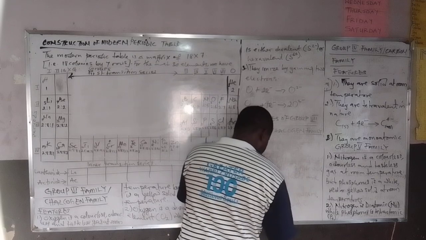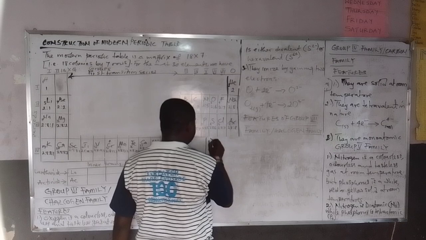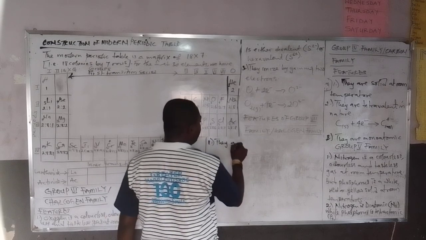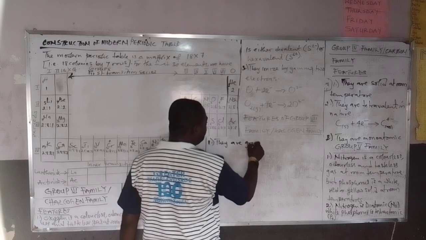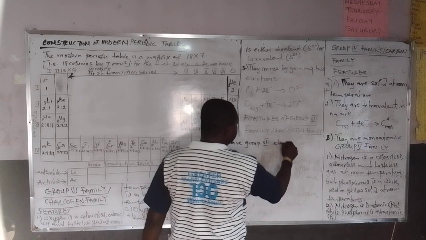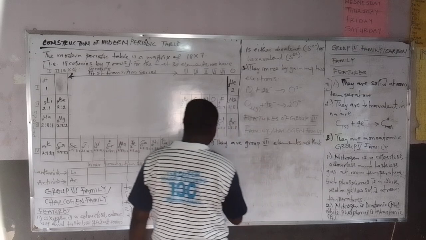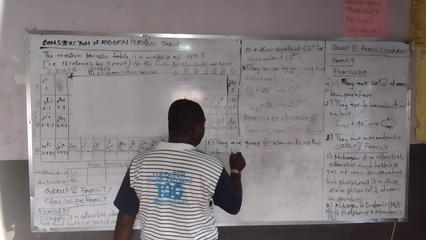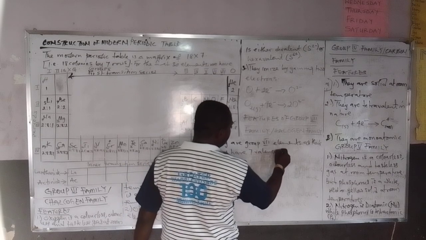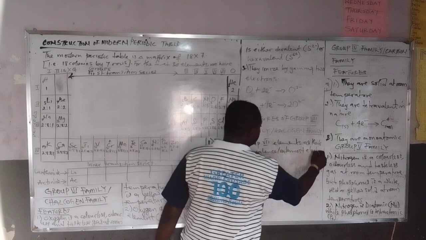So what will you say about them? Number one thing to say here is that they are group 7 elements as their atoms have 7 valence electrons or outermost electrons.